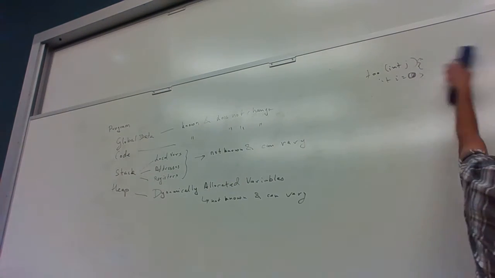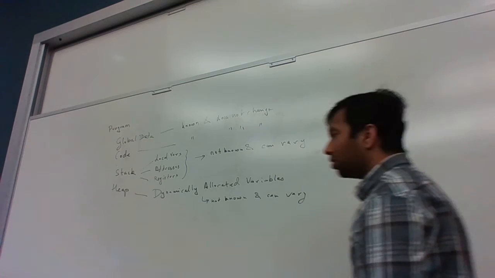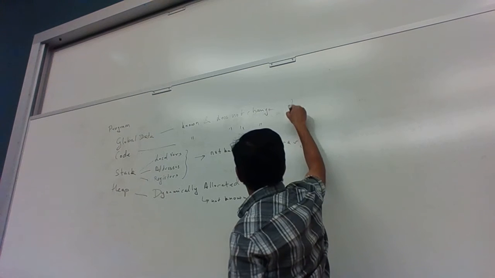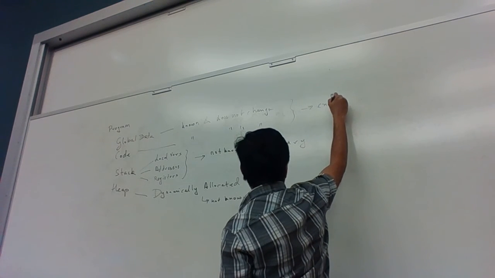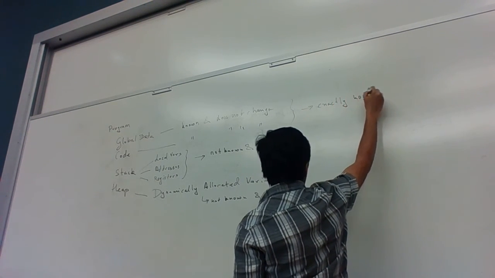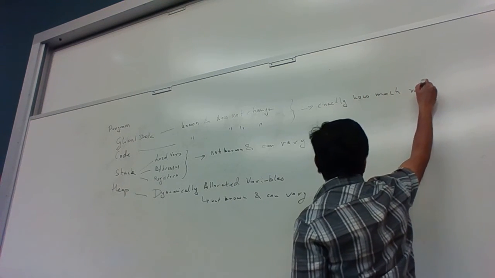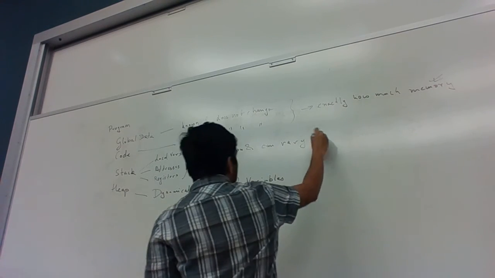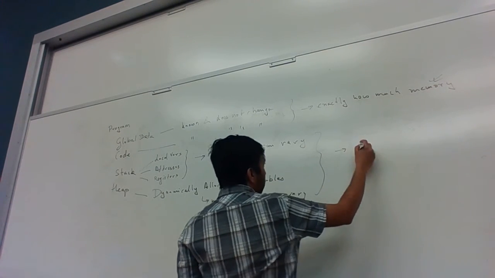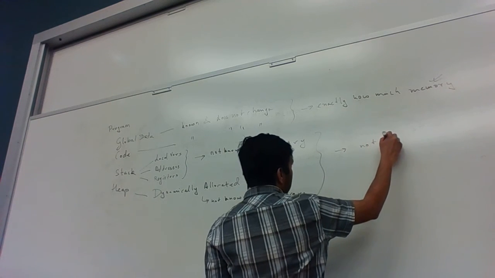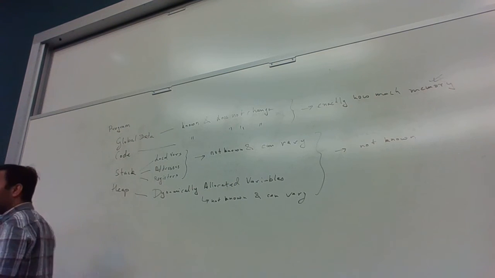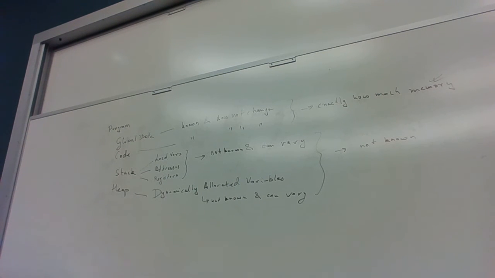So first of all, code and global data you know, and they do not vary, so you can immediately allocate memory for them. For these two, you know exactly how much. This is known, but this is not known. So how do you even know how much memory is needed for a program? You don't know.